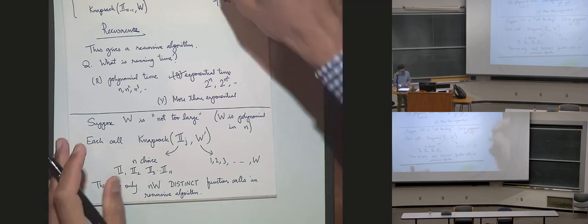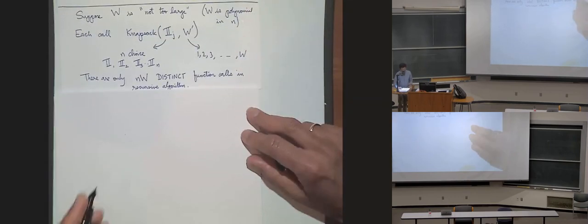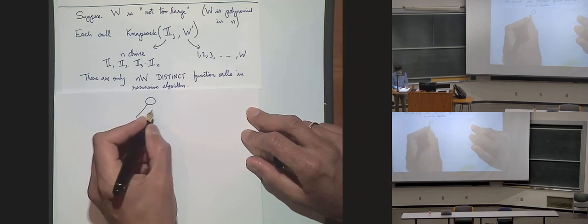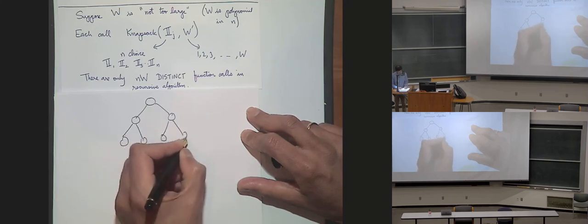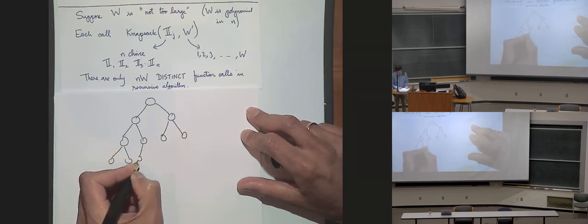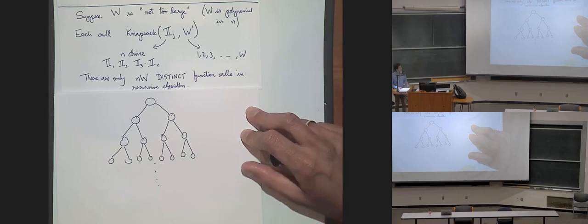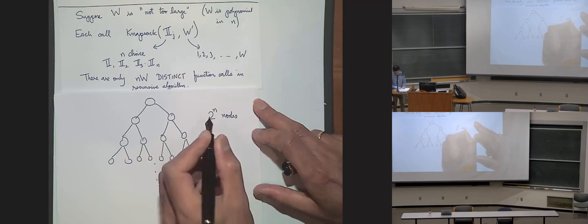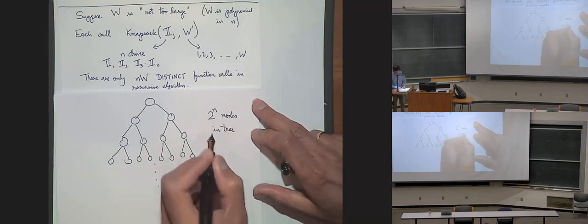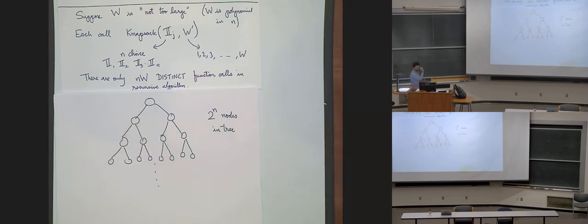Another way of saying this, I'll draw it out: let's look at the recursion tree of that simple recursive algorithm. There are 2 to the n nodes in the tree. For each node, I write out the arguments of that function call.